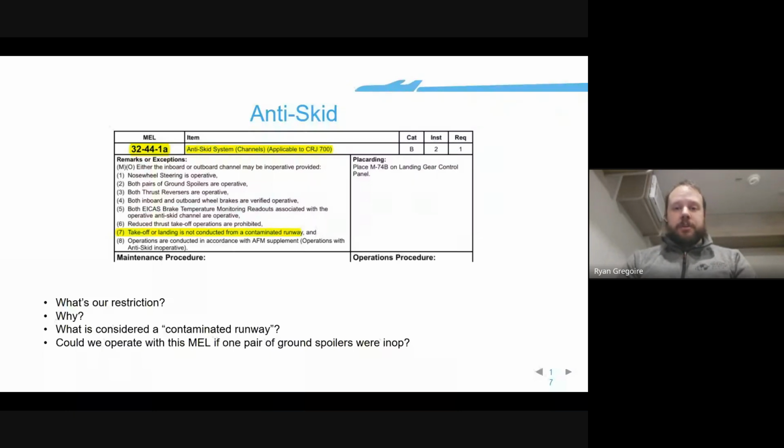Those are usually the two that show up when we're talking about conflicting MELs, as far as what's going to be on the exam. Again, that's not all it could be, but those are the big two that I've seen.